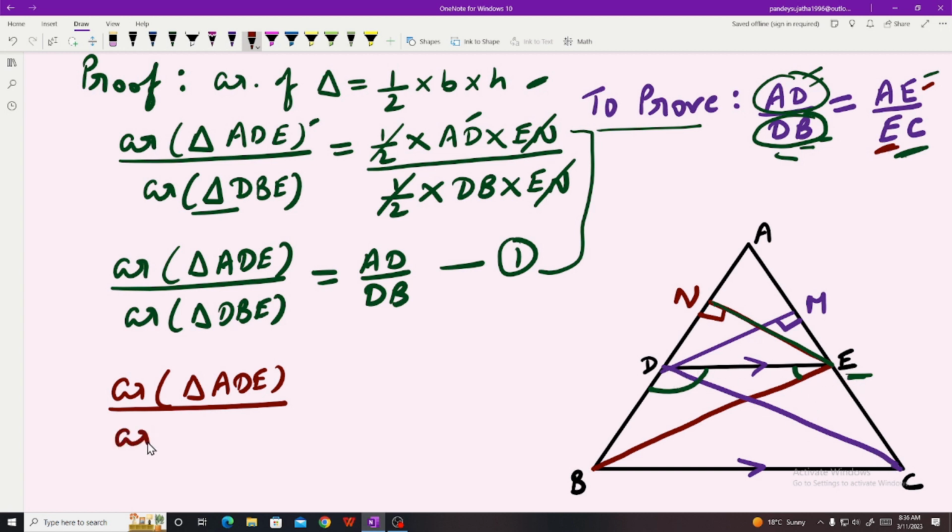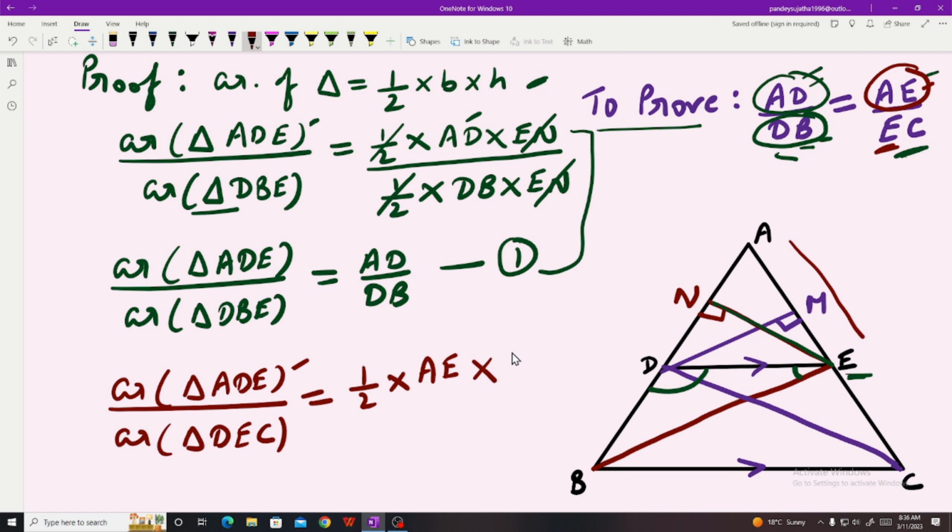So write area of triangle DEC. Now write the formula here. Area of triangle ADE is half into. Now we want the base AE. So for this triangle ADE, we are going to take the base as AE.